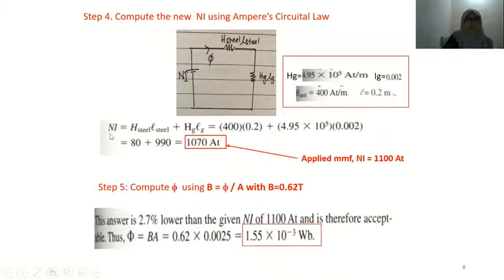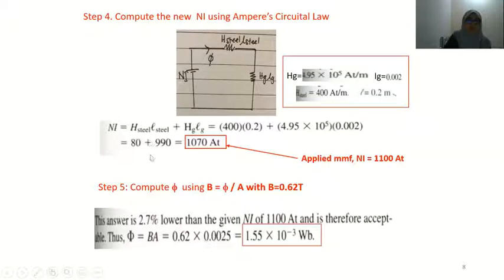We know that your Hg right now is 4.95 times 10 power of 5 ampere turns per meter, and the length for the gap is 0.02. The H steel we observe from the BH curve is 400 ampere turns per meter, with a length of 0.2 meter.